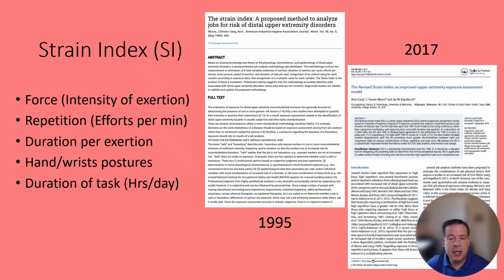It originally started in 1995, but as you can see, there's an update here in 2017. For ergonomists who use the hand quite a bit, the strain index is very common. I know one of my mentors, Dr. Gilkey, has studied this strain index and helped contribute to the update.